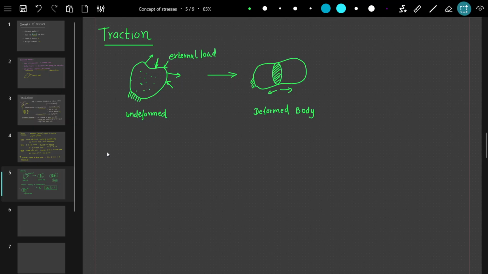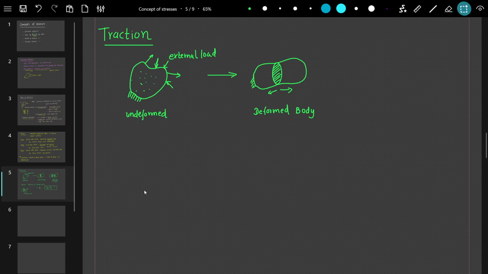The post-processing part is more important than pre-processing and the solver, right? As FEA engineers, we need to understand and interpret the FEA results, and that's where the concept of stress comes in. If the fundamentals of stress visualization and the concept of stress are very strong, you will be able to interpret FEA results very efficiently, and then the stress results will make sense.